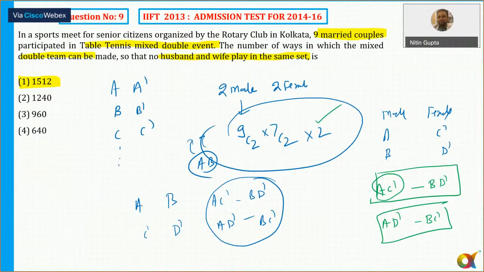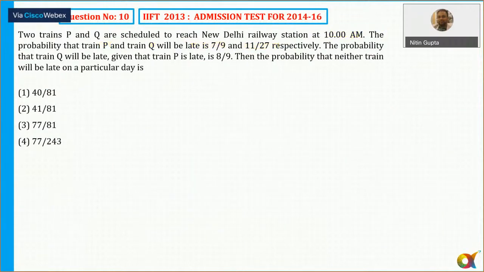So let's move to next question. That is question number 10. Two trains P and Q are scheduled to reach New Delhi station at 10. The probability that the train P and the train Q will be late are 7 by 9 and 11 by 27 respectively.